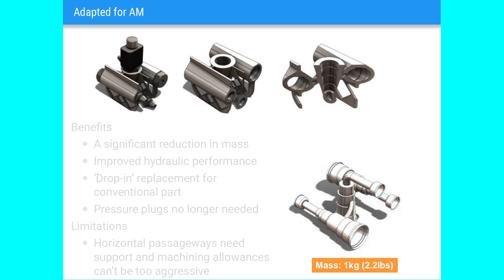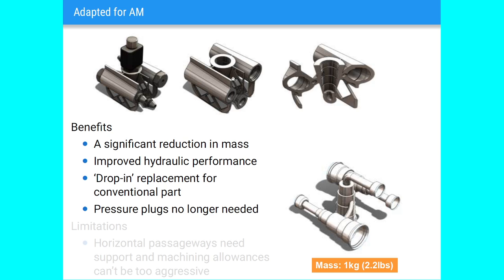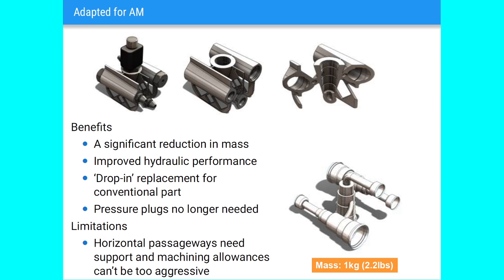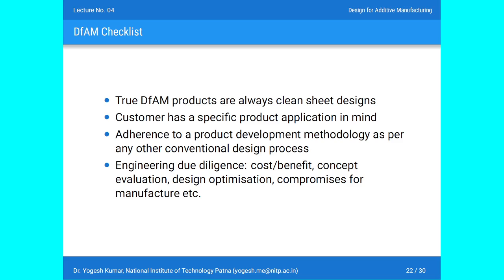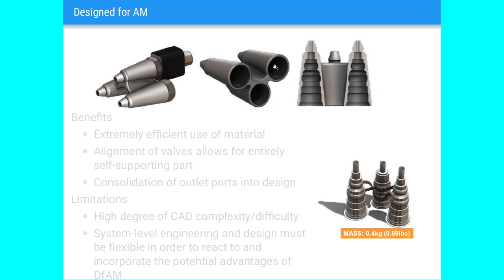Then in the last, the third stage, we redesigned the whole component. We took all the constraints into consideration: what the inlet requirement and the outlet requirement are in this particular hydraulic manifold, and we have redesigned the whole component and printed it in a single shot.